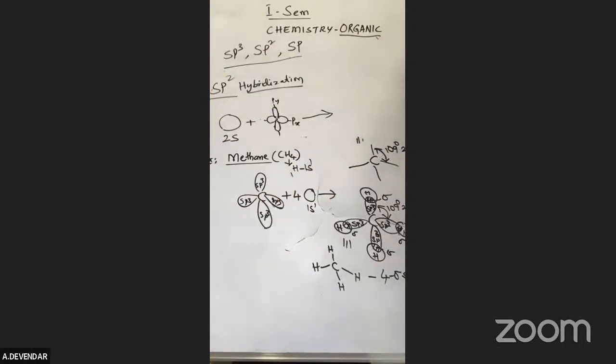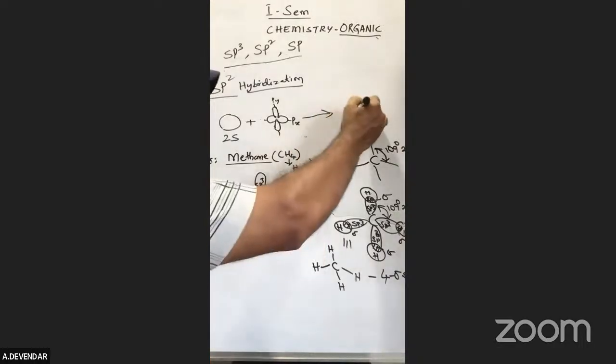How many hybrid orbitals can you get? Tell me, how many are you mixing? One plus two. How much? Is it 5 or 6? It is 3. One plus two is 3, which means three hybrid orbitals are formed on the carbon.